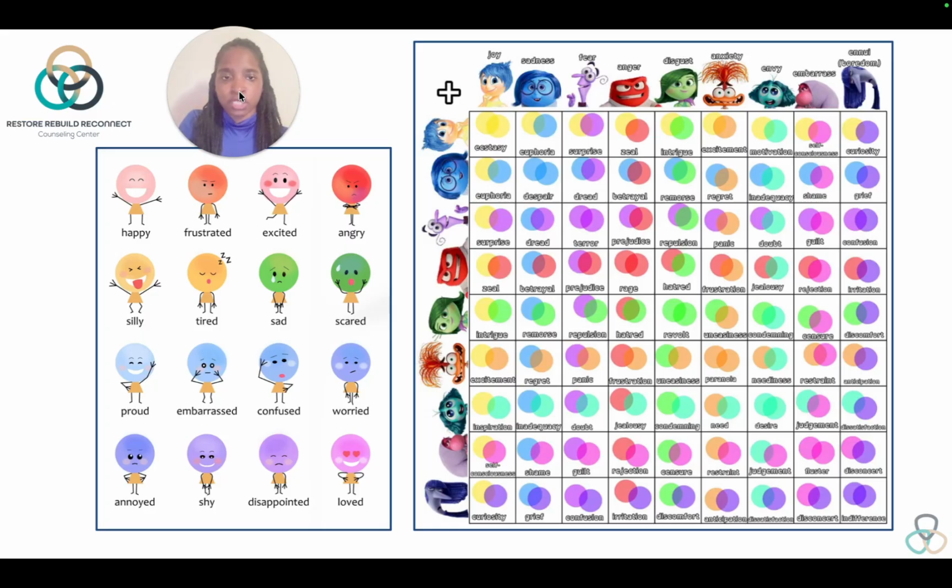I might use pictures or the Inside Out kind of graph. I've found that this is a fun way to engage them, and it's also a learning opportunity to help them learn that a mixture of two different emotions can cause another emotion.